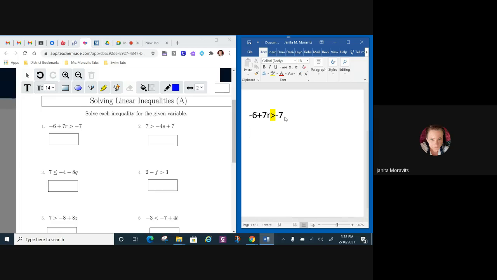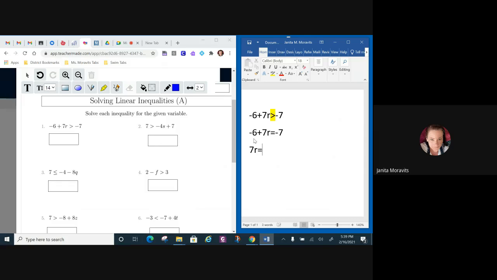All right, so you're going to have -6 plus 7r equals, instead of that greater than sign, you're going to have an equal sign, -7. We're going to solve it just like that. All right, so let's leave our 7r over here, and we have -6. So we need to add 6 to that. -6 plus 6 will give you a 0. And then you'll have 7r on this side.